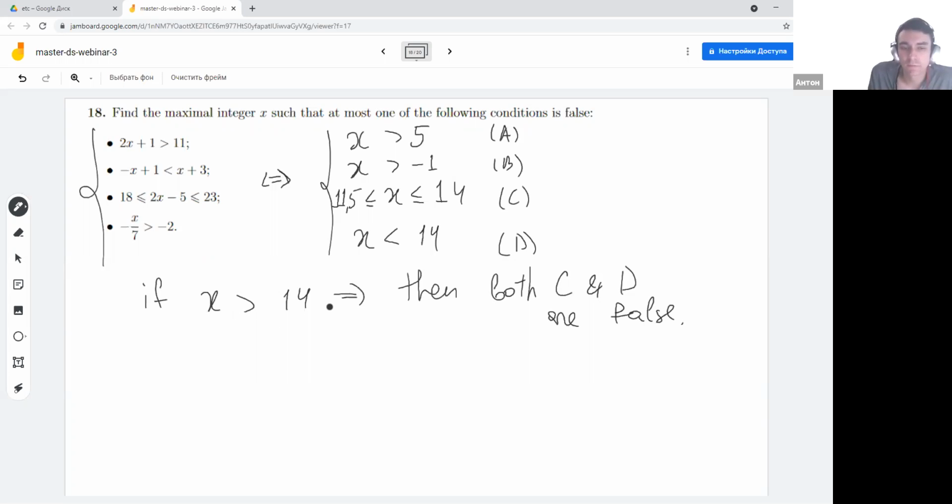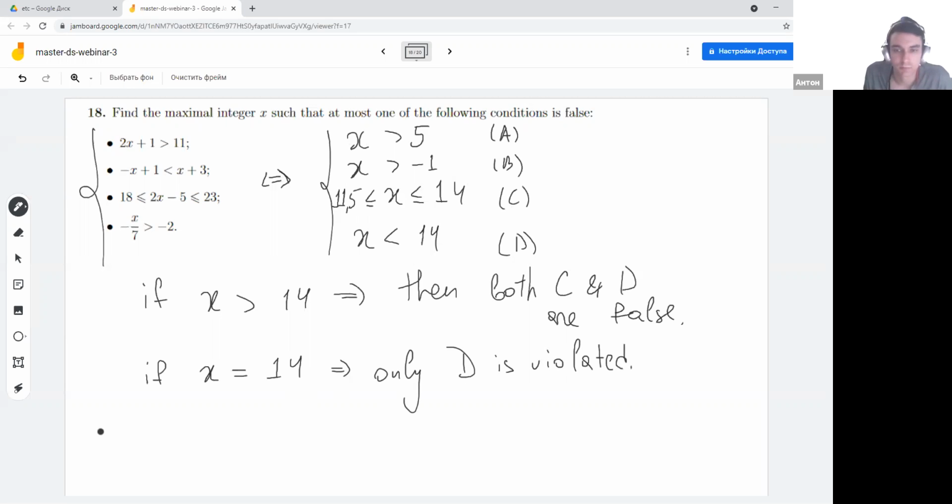It cannot be greater than 14, but what if it equals 14? That would be the maximal still possible answer. We know that x cannot be greater than 14, but maybe it can be exactly 14. So let's see. Then A, B, and C are true, so only D is violated.